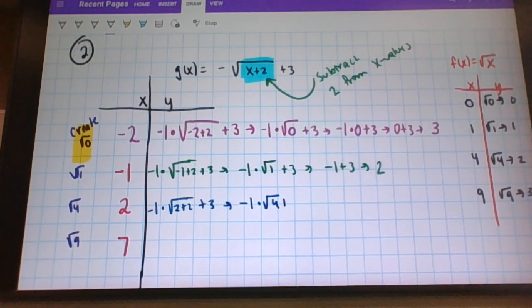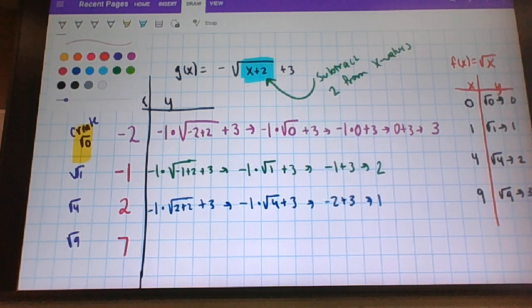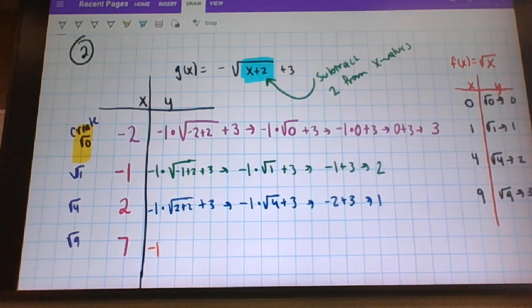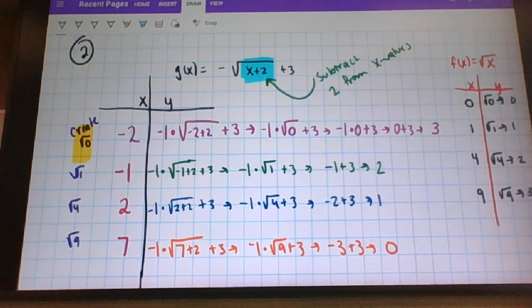Negative 1 times the square root of 7 plus 2, plus 3. Negative 2 plus 3 is 0? Zero.